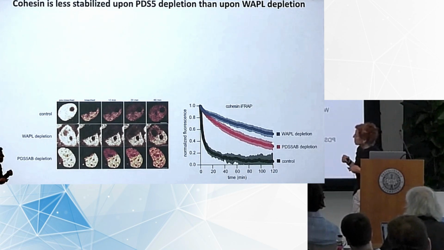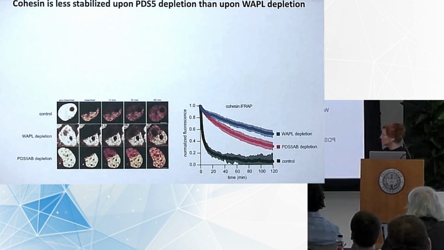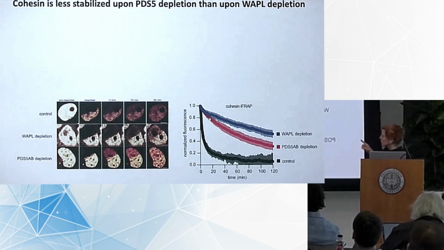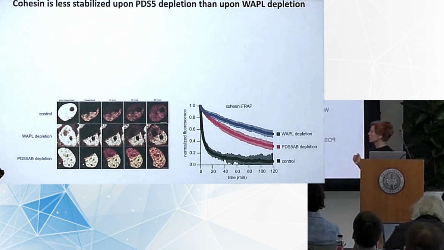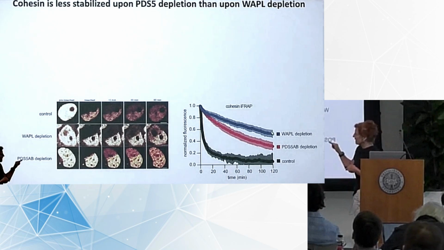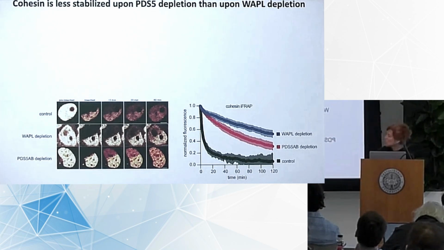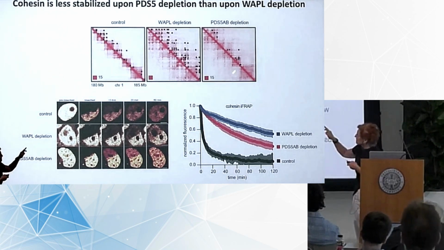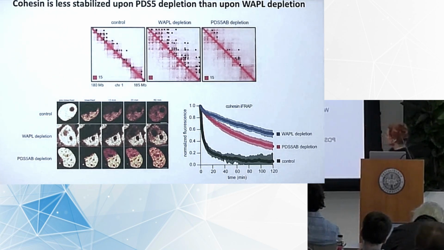However, upon PDS5AB depletion and WAPL depletion, we can see stabilization of cohesin. Interestingly, the stabilization of cohesin upon PDS5AB depletion is much less than in the case of WAPL depletion. So this cannot explain why cohesin crosses CTCF.